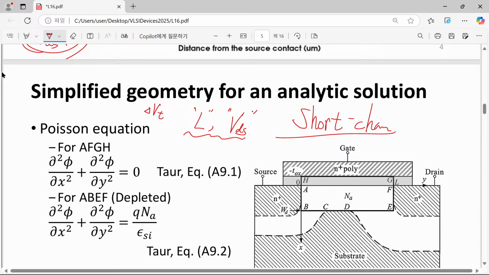And since this is too important, when we have a slightly different geometry, every time researchers make their own model for this new geometry.